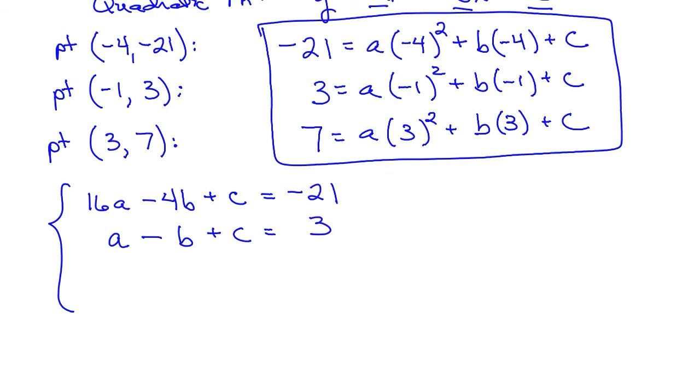And the last equation, 3 squared is 9, so that's 9a plus 3b plus c equals 7. And now I use the methods that we've already talked about to solve this system for a, b, and c.